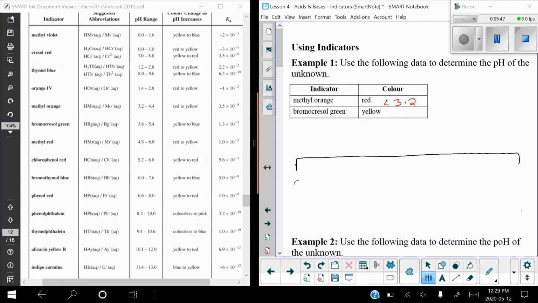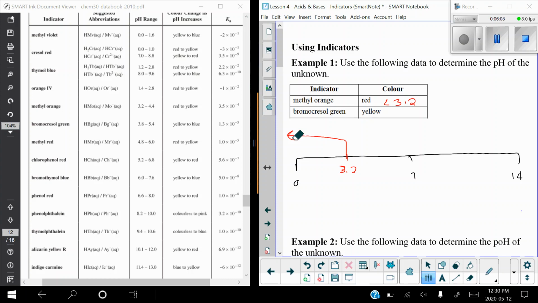Okay, so 0, 14, 7. So now on this pH scale, I'm going to locate 3.2. It doesn't need to be exact, but I'm going to say, okay, 3.2, probably somewhere there. And the pH range is 3.2 or less. So I'm going to draw an arrow that way.